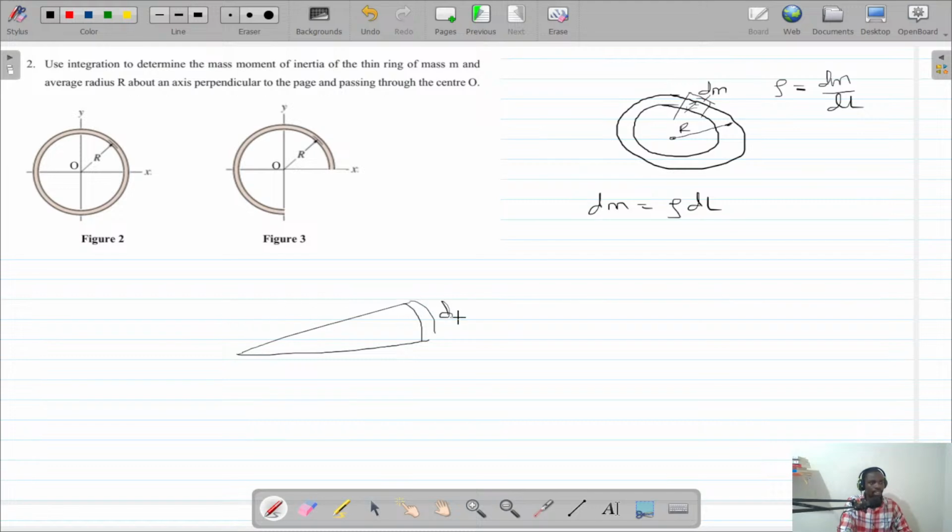If here is theta, then dl will be equal to r d theta. So dm will be equal to rho r d theta. Now we know I to be equal to the integral of r squared dm.